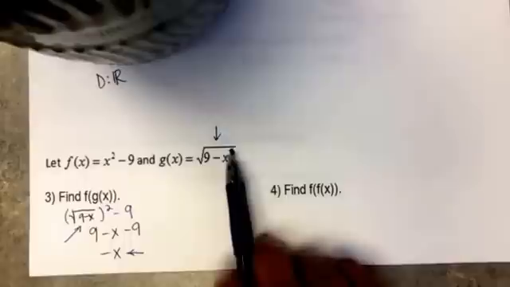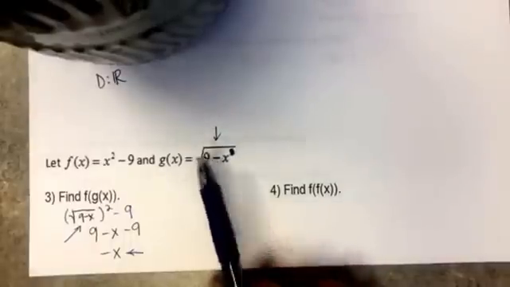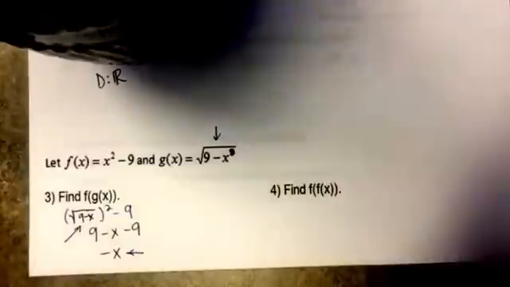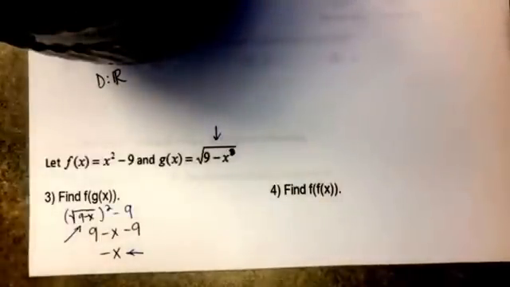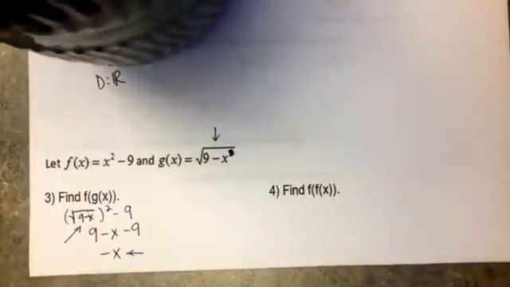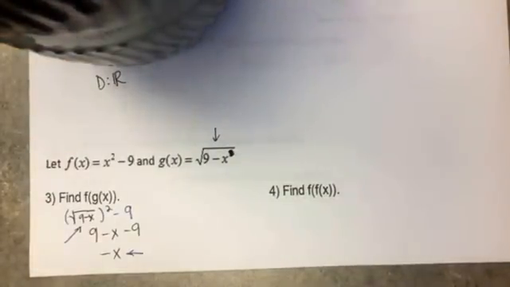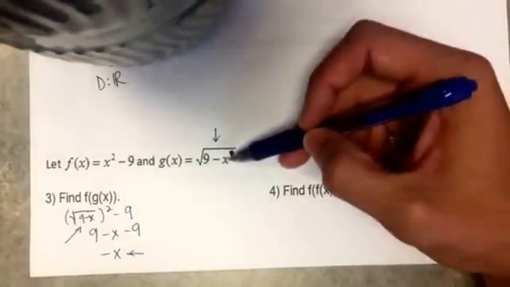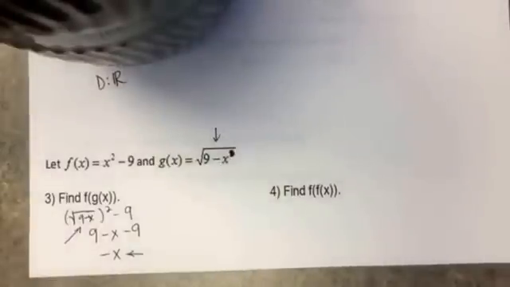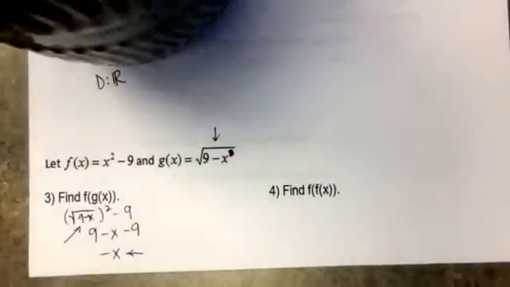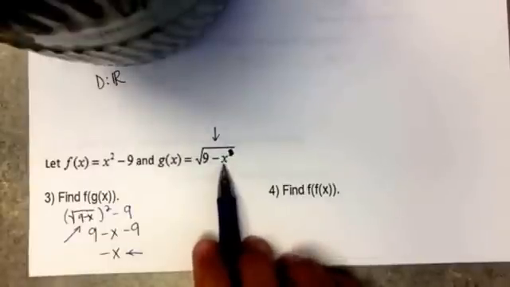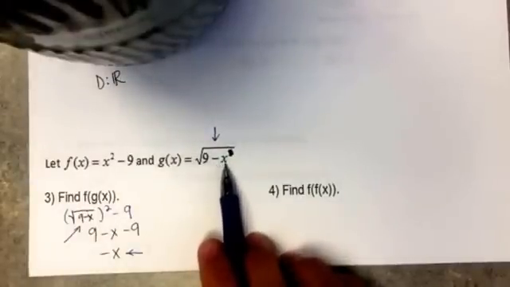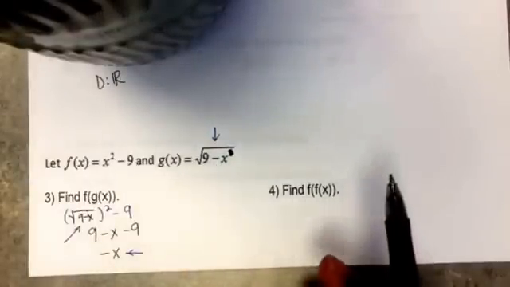However, what I plugged in is a square root function. And we talked about at the beginning of this current unit that square root functions have issues. I can't take the square root of a negative value, meaning that what's underneath here has to come out 0 or bigger. So if I plug a number in for x, say I plug in 5, 9 minus 5 is 4, I can take the square root of 4.